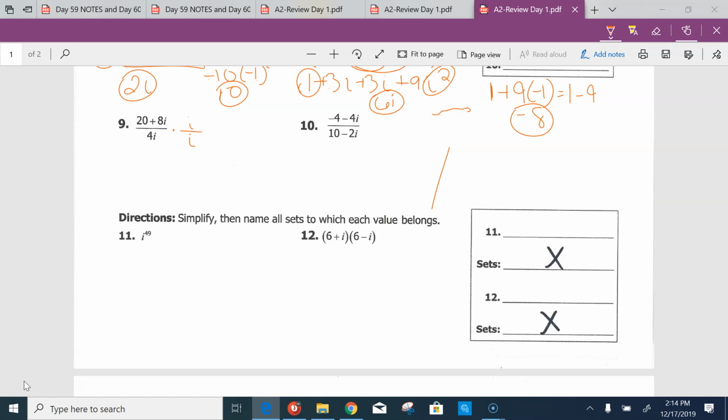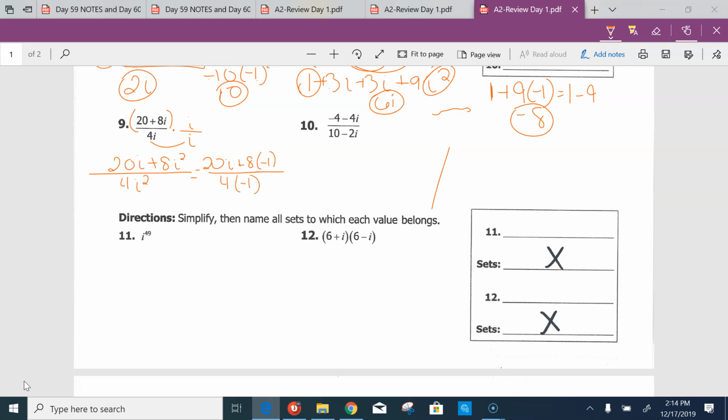So when I multiply everything on the top times i, I get 20 times i plus 8i times i, which is 8i squared on the top. On the bottom, I get 4i times i, which is 4i squared. Remember, wherever you see an i squared, that means times negative 1. So I have 20i plus 8 times negative 1 over 4 times negative 1 on the bottom.